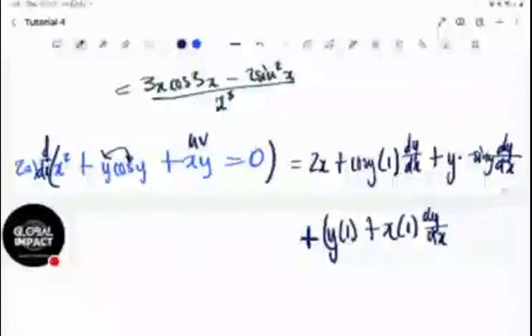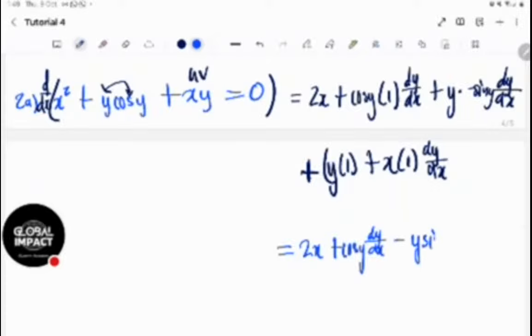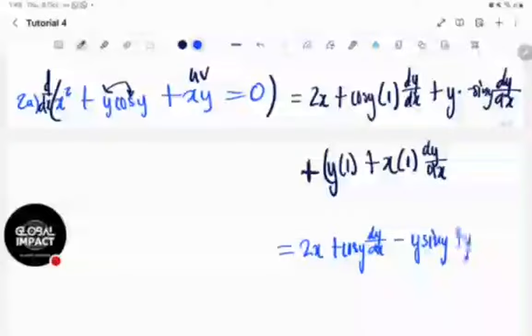And then simply, this is going to be equal to minus y sine y, then plus y times 1, which is y, plus x times 1, which is x, but this is dy dx.